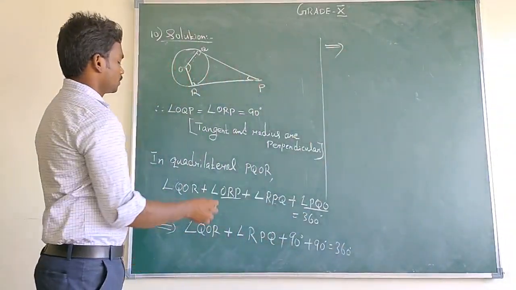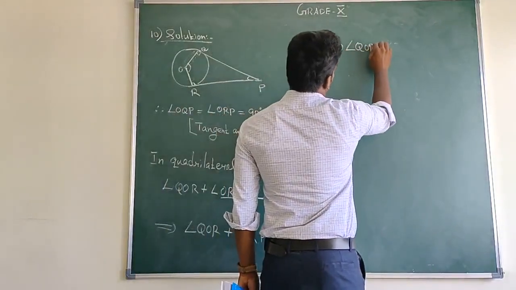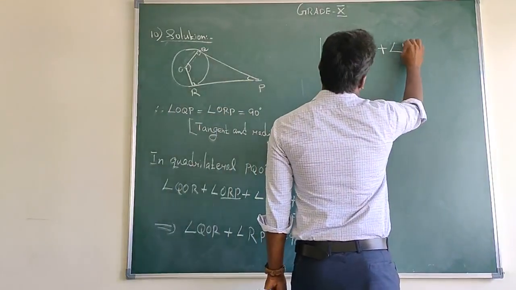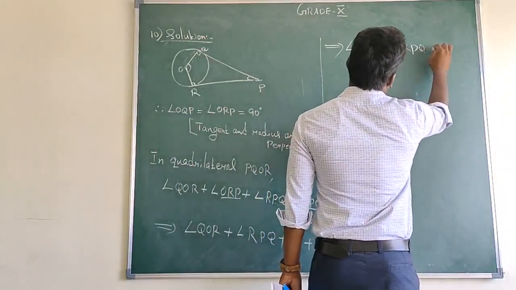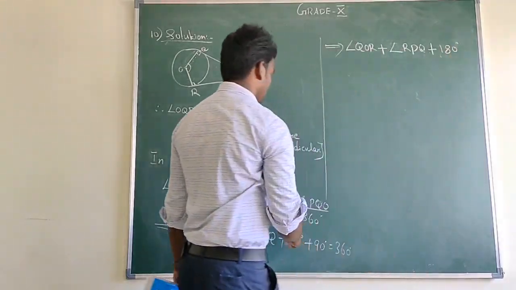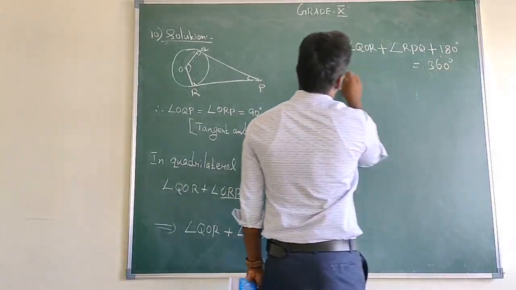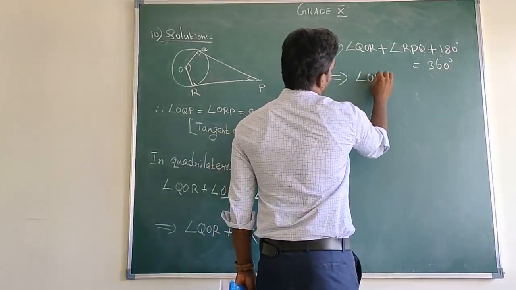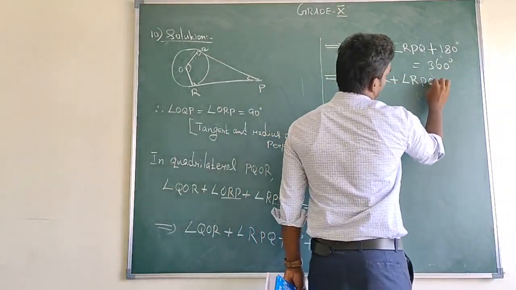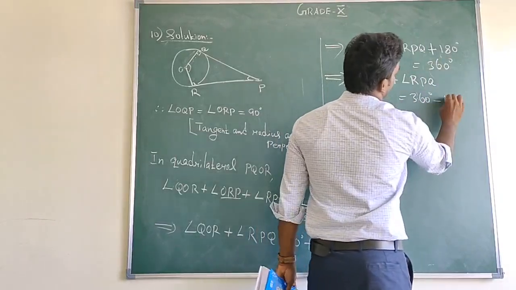Implies angle QOR plus angle RPQ plus 180 degrees, that means 90 plus 90 is 180 degrees, is equal to 360 degrees. Which implies angle QOR plus angle RPQ is equal to 360 degrees minus 180 degrees.